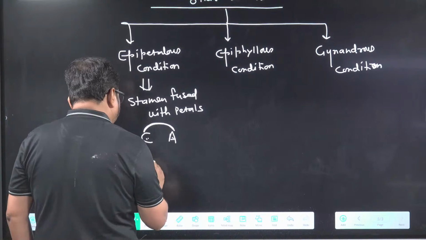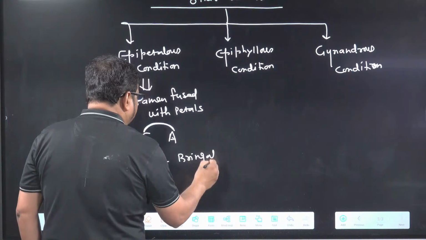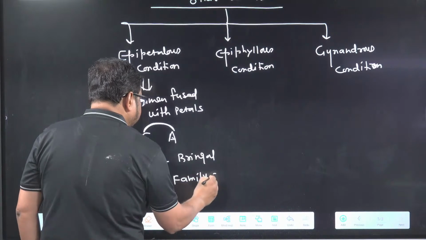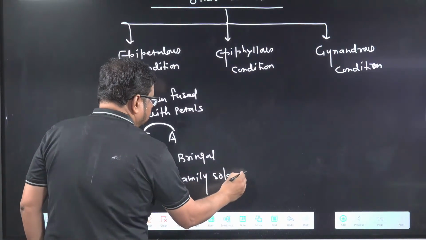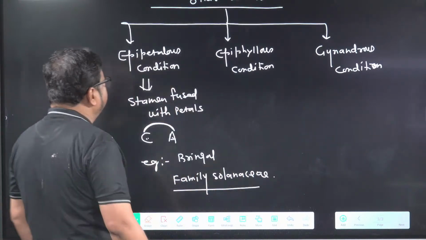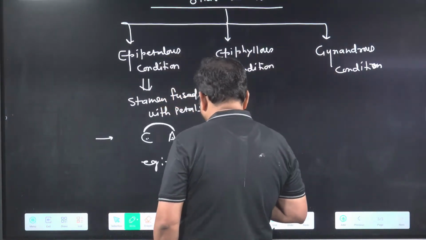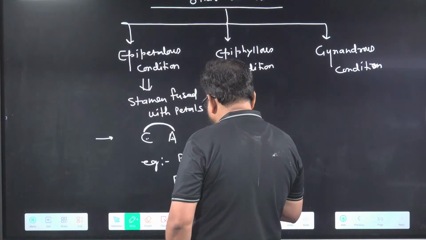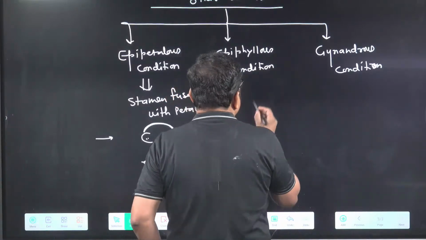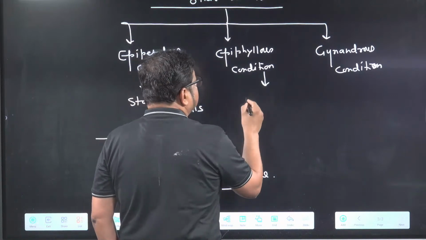An example of epipetalous condition is which one? Brinjal, or you can say family Solanaceae. In members of family Solanaceae, what are we finding? Epipetalous condition is there. Getting the idea? Now, epiphyllous condition. If we talk about epiphyllous condition, what's happened?